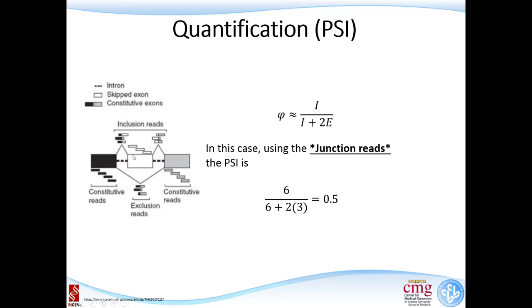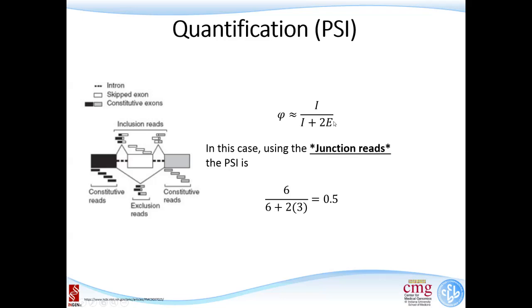So if you look, there's 2 junctions next to this exon of interest. So that means that there's 2 possibilities for us to identify reads that support it. However, if we're looking at the number of reads that say that it's not there, there's only 1 junction site. So in the denominator, we actually multiply that by 2 so that it normalizes the probability of us seeing reads that are associated with inclusion or exclusion.